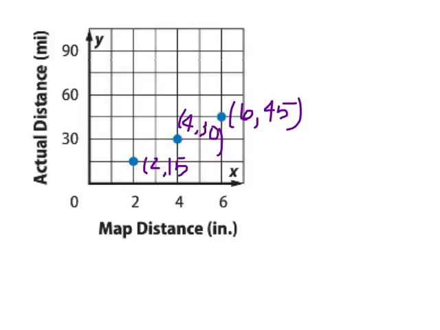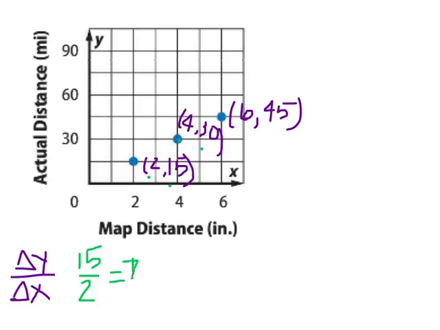Okay, so if we look at that, we're going to do change in y over change in x. So if we pick 2 points, from 2 to 4 would be a change in 2, and 15 to 30 would be a change in 15, which is 7.5.